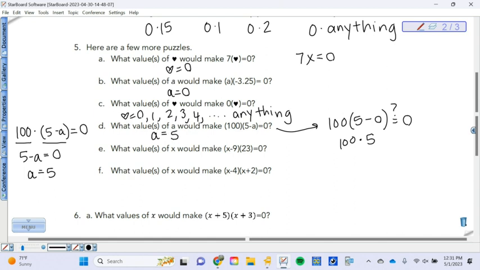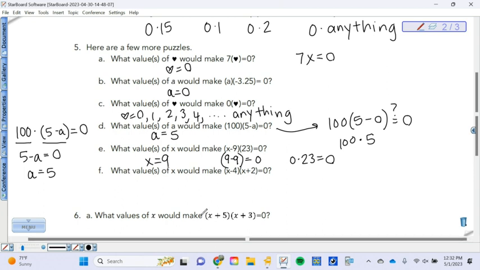So let's use that same logic to figure out part E. What does x need to be in order for x minus 9 times 23 to equal 0? Yeah, 9. If I put 9 in place of x, I'm going to end up with 9 minus 9 here, which would just give me 0. And 0 times 23 gives me 0, so x has to equal 9.